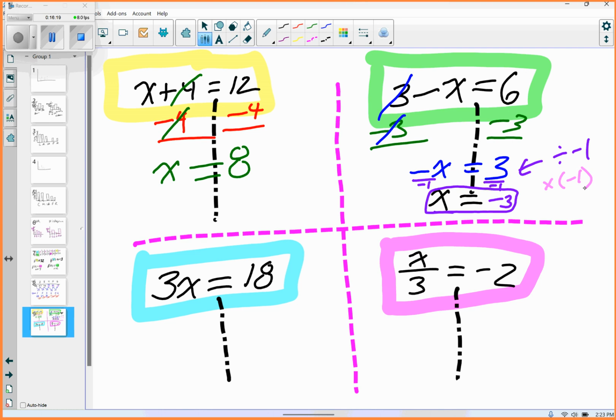Could I go negative 1 times negative x to get x, and negative 1 times 3 to get negative 3? Negative 1 times 3 is negative 3, right? So I could either multiply or divide by the negatives. There's not a right or wrong. Some people's minds will see the divide by, some might see the multiply by, and it's okay. It's the same answer.